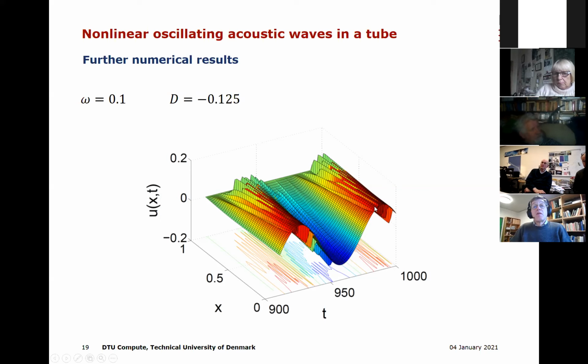sinusoidal type of wave propagation here of the velocity u as function of x and t. But what I observed was that on top of this wave propagation, nearly linear wave propagation, some very erratic type of waves also arrived, and it turns out to be shock waves which move on the top of this linear wave or in conjunction with this linear wave very fast forth and back in the tube.